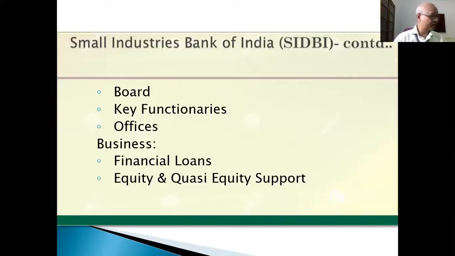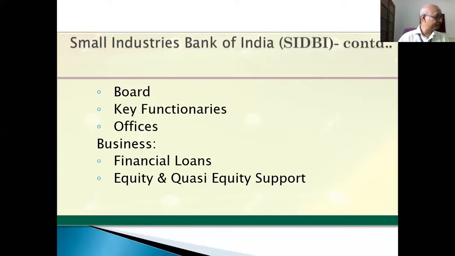CMD is Mr. Muhammad Mustafa, who is the chairman, and its board of directors consists of members from DFS, Ministry of MSME, banks and financial institutions like SBI, NABARD, and there are some co-opted directors.